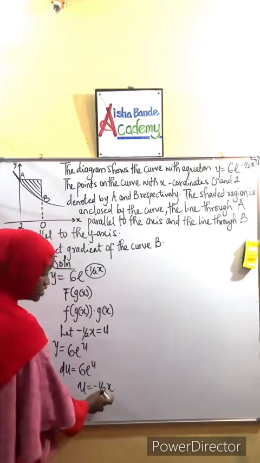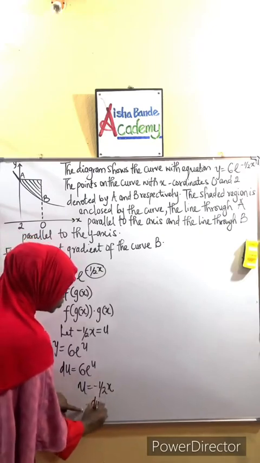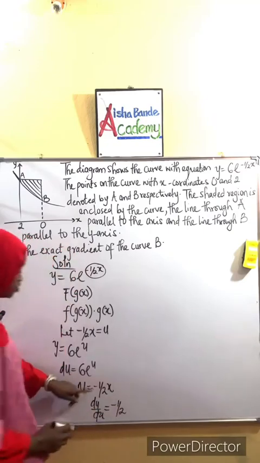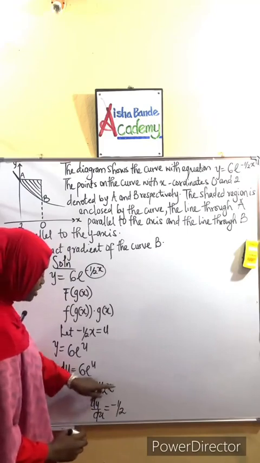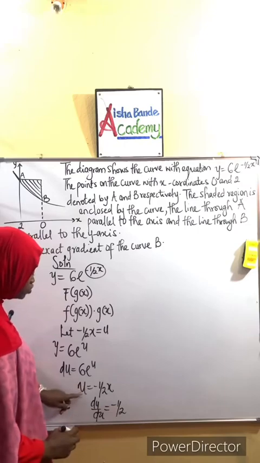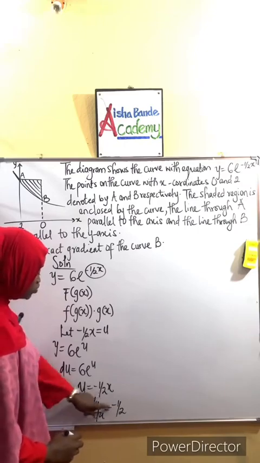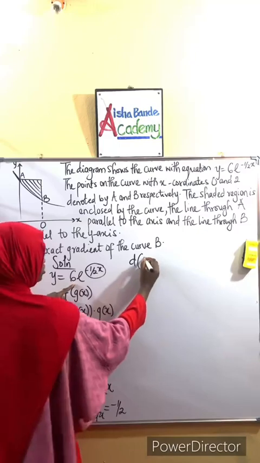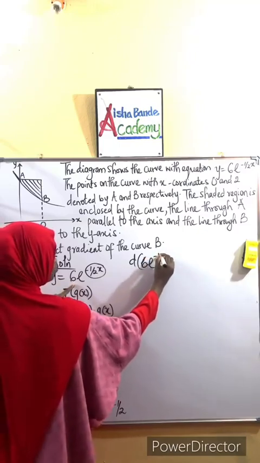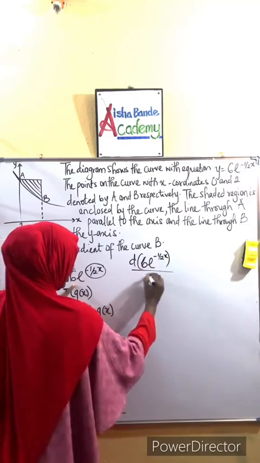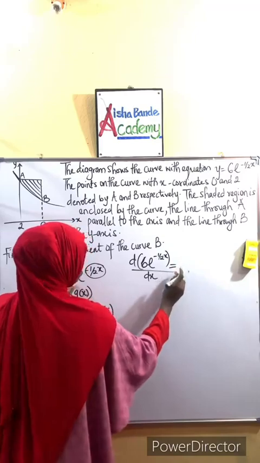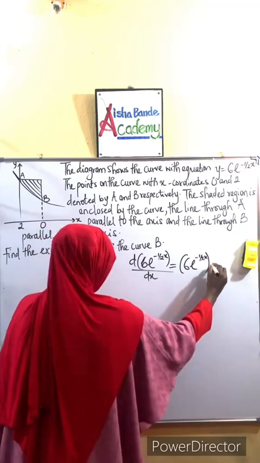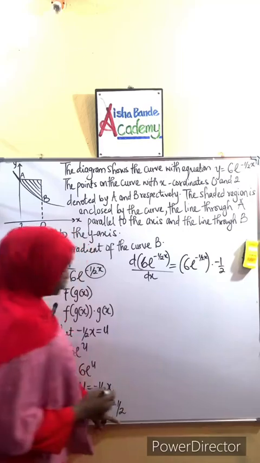So differentiating this, du/dx gives us minus 1 over 2. When we differentiate minus 1 over 2x with respect to x, we have minus 1 over 2. The derivative of 6e raised to the power of minus 1 over 2x with respect to x will give us 6e raised to the power minus 1 over 2x times minus 1 over 2, which is what we have here.